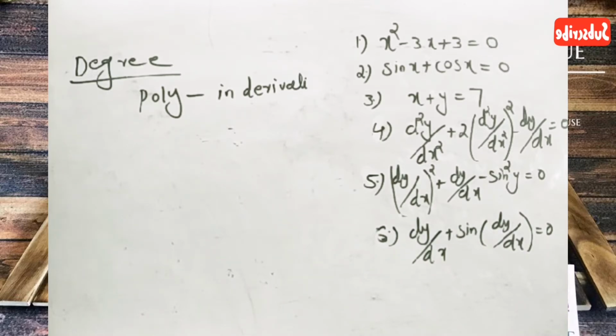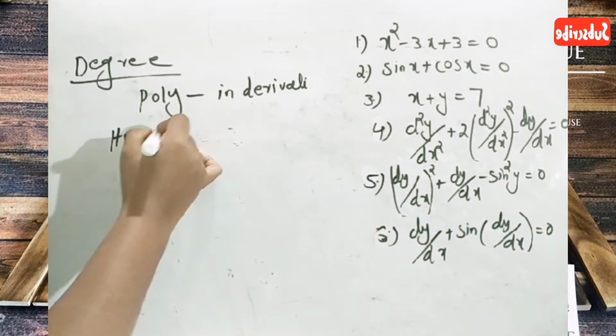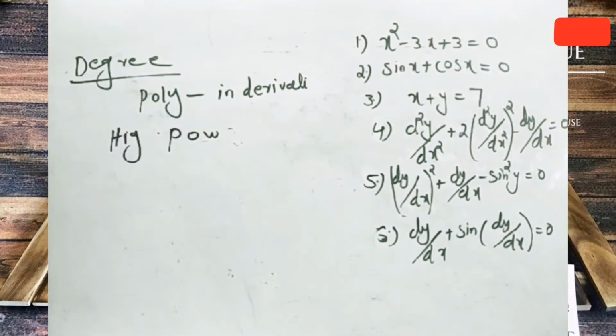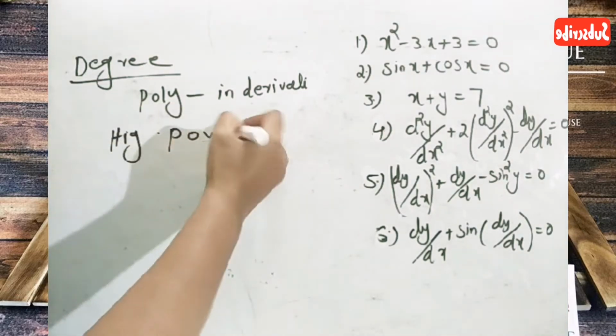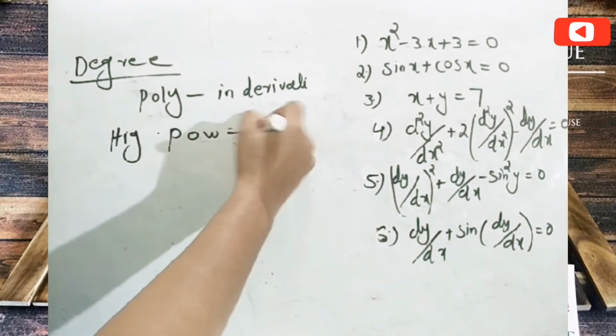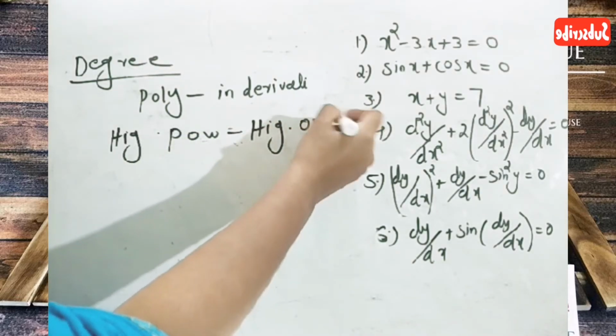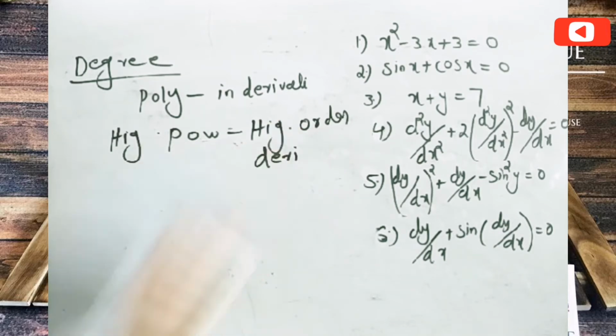When it is a polynomial equation in derivatives, the degree means the highest power of the highest order derivative involved in the differential equation. That is called the degree of that particular differential equation.